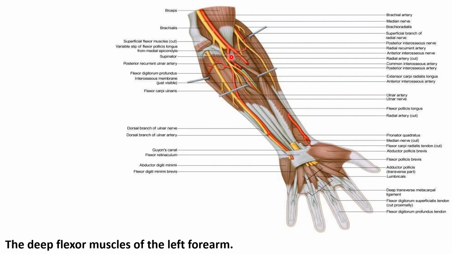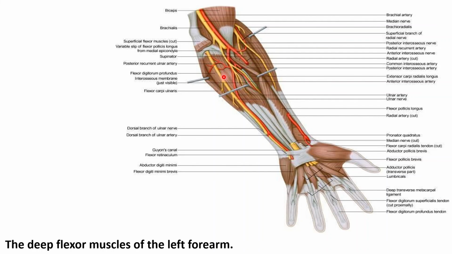As we have already seen, the radial and the ulnar arteries are the terminal branches of the brachial artery in the cubital fossa. The radial artery is almost superficial throughout its course, whereas the ulnar artery runs deep to the deep head of the pronator teres and supplies the structures over there.